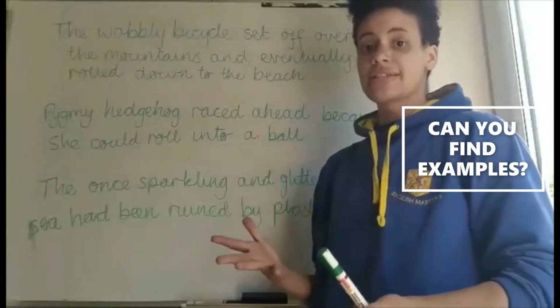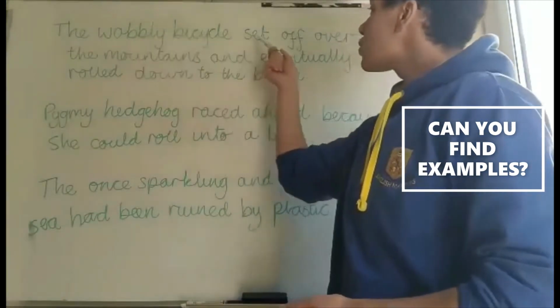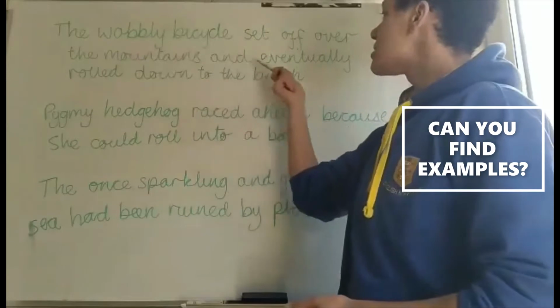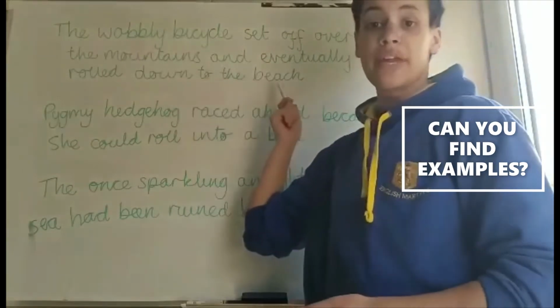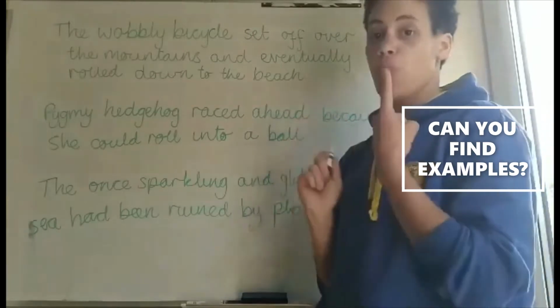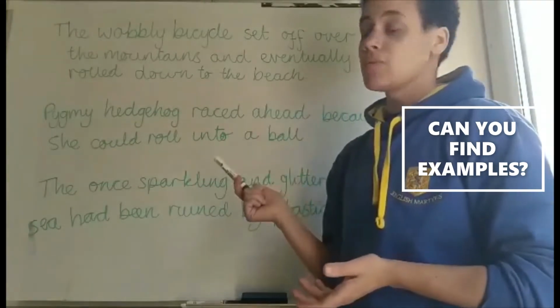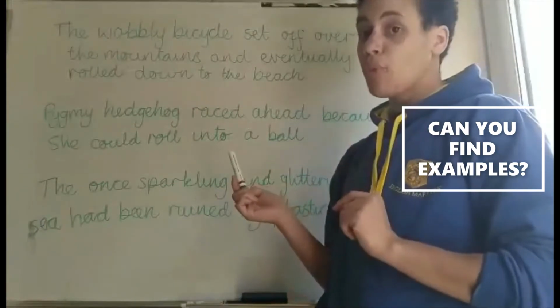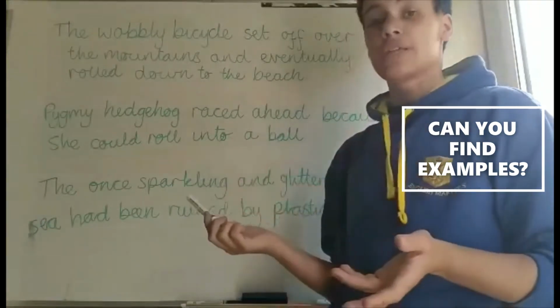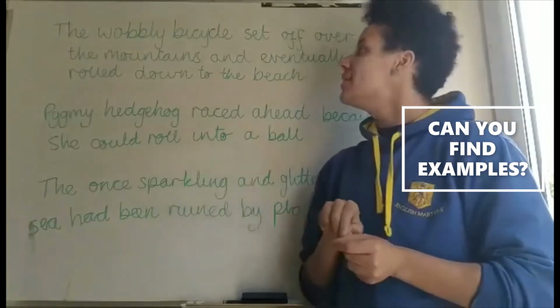So let's find examples from the text then. The wobbly bicycle set off over the mountains and eventually rolled down to the beach. Do we think that's a simple sentence with one clause, a compound sentence with a coordinating conjunction and more than one clause, or a subordinating sentence, which is a complex sentence?